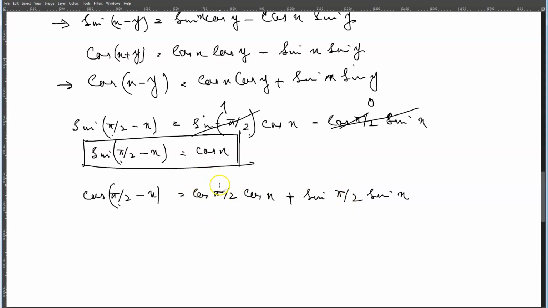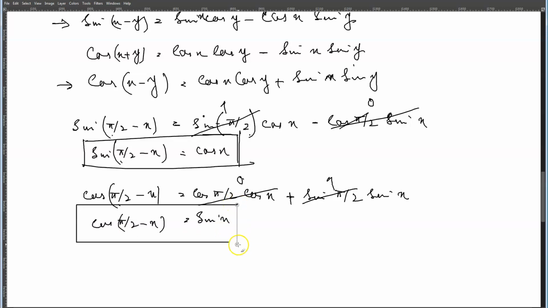And cos of pi by 2 is equal to 0, so this whole thing becomes 0. Sine pi by 2 is equal to 1, so this is equal to sine x. So cos of pi by 2 minus x is equal to sine x.